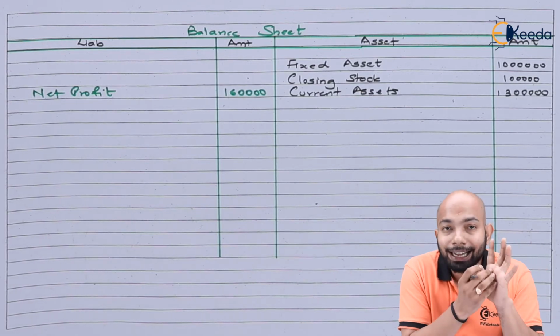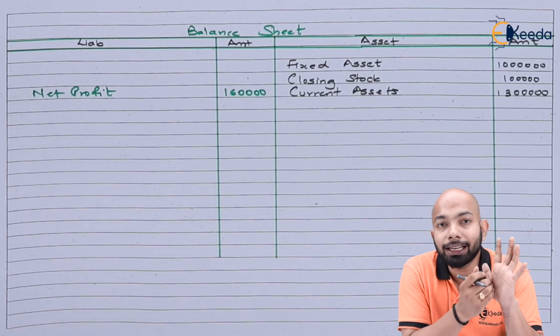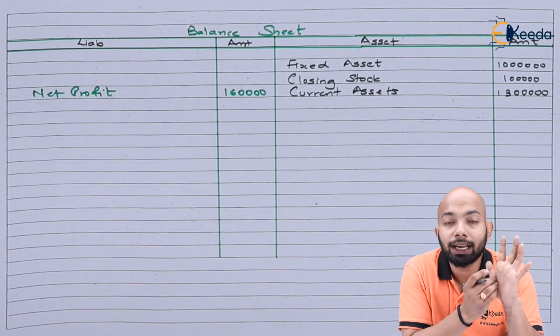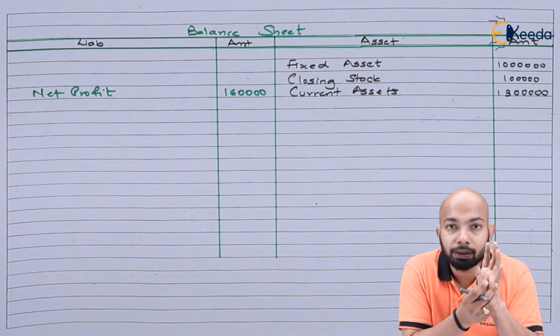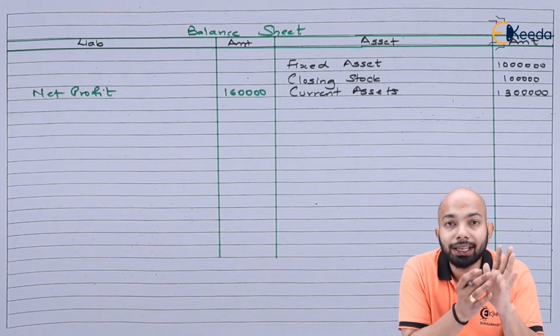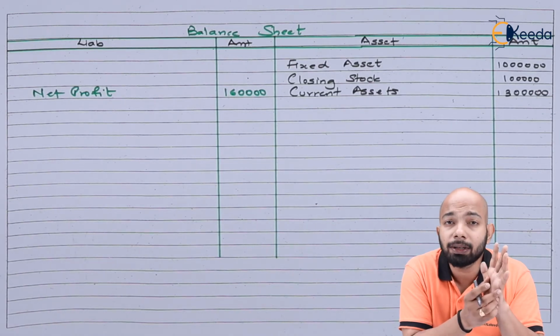So if 8 lakh is the opening balance, the closing balance of capital will be 8 lakh minus the net profit. Here it is 1,60,000. The answer that you get here will be the part of capital. So for this illustration, 8 lakh minus 1,60,000 will give you 6,40,000, that being the capital amount.